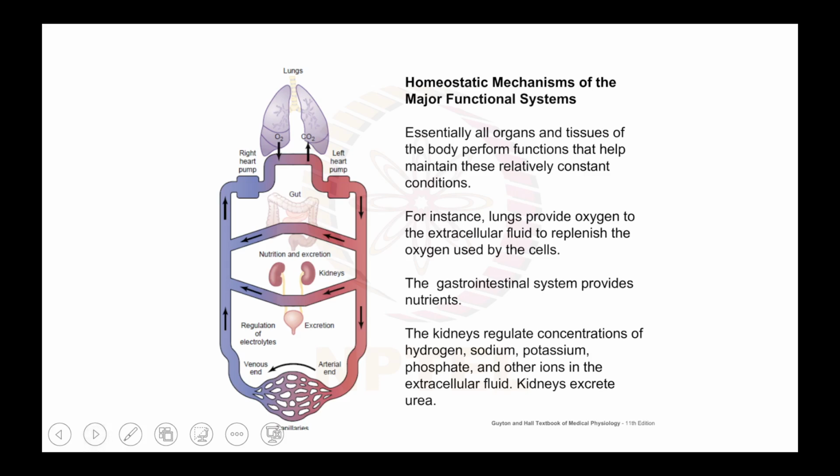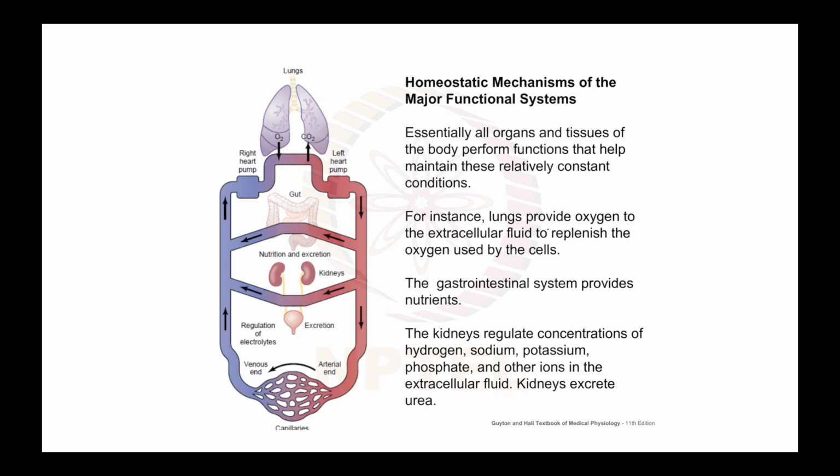Okay, so the homeostatic mechanisms of the major functional systems. Essentially all organs and tissues of the body perform functions that help maintain these relatively constant conditions, including the gut, the kidneys, arteries, and lungs.